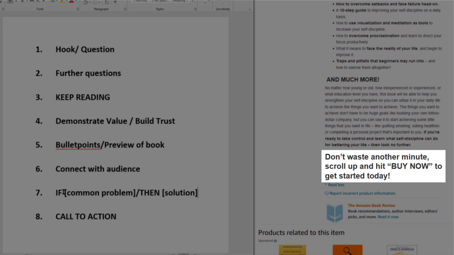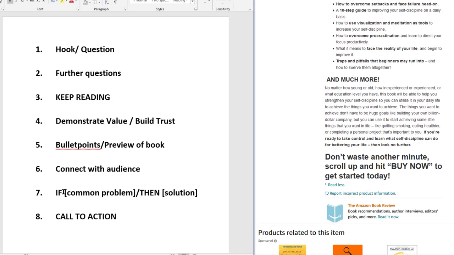And then the last thing I do is a call to action. That is super simple. You can do it any way that works best for you, but for the most part, when I do my descriptions, they fall into a single category because I want to call them to buy the book, which is genuinely one of the easiest ways that you can do this.